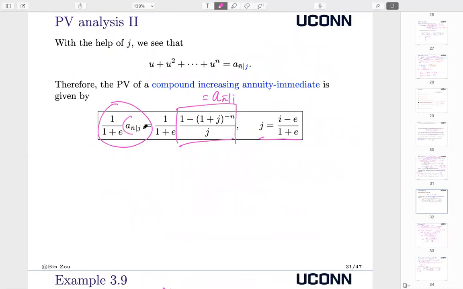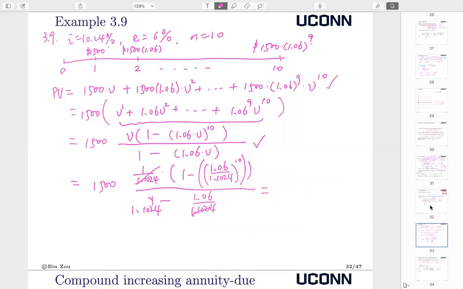You do have a built-in function on your financial calculator to calculate this a angle n. That could help, but of course, from the learning perspective, what I did here for example 3.9 is likely a better strategy, because if you understand this approach, you should be able to apply it anytime.